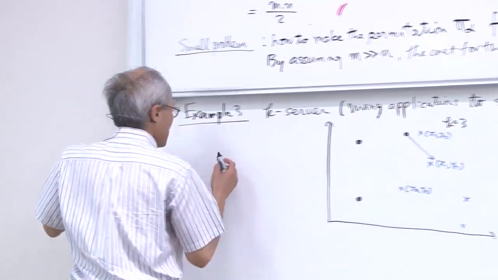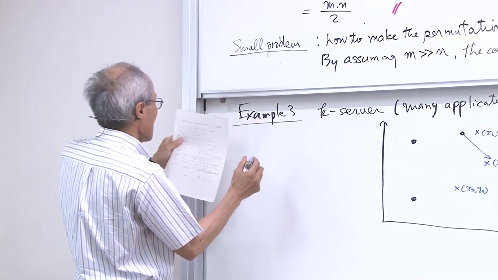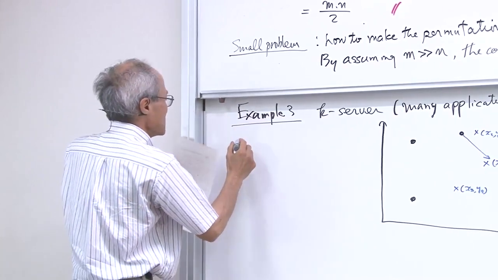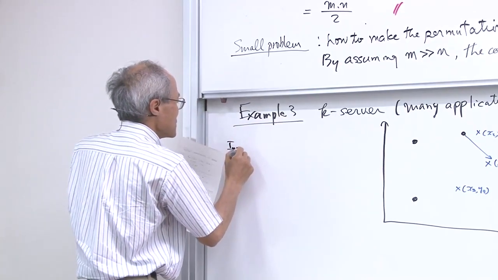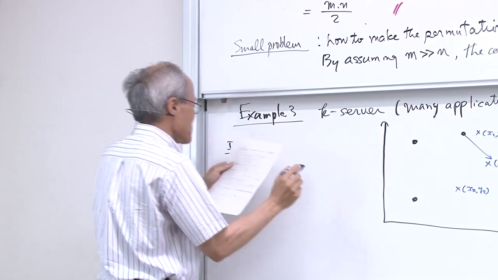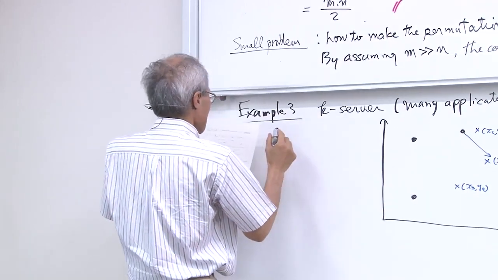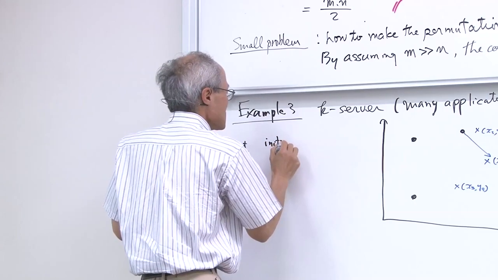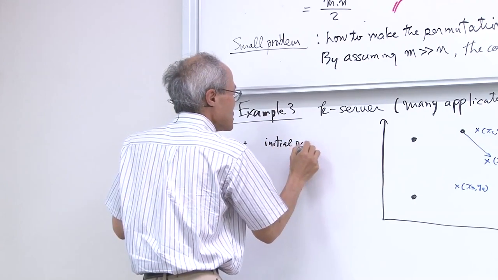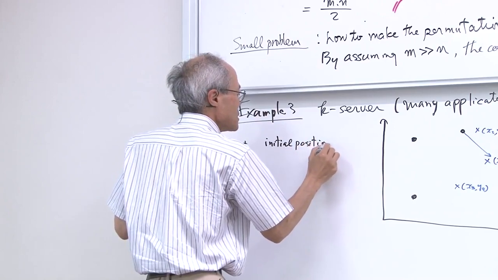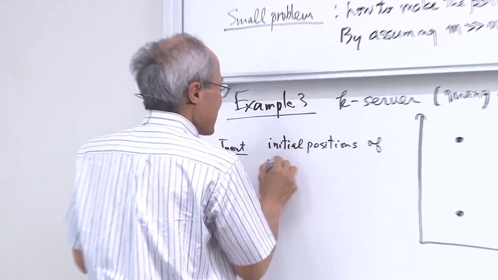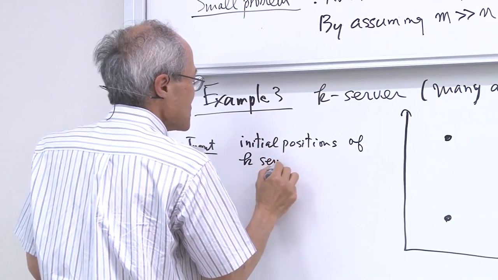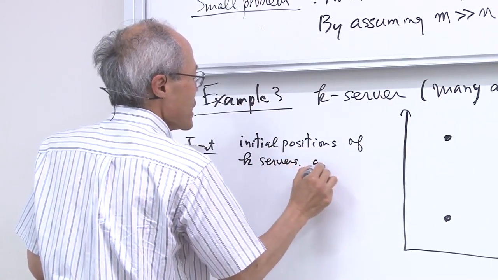So formally speaking, the input is the initial position of k servers and requests.